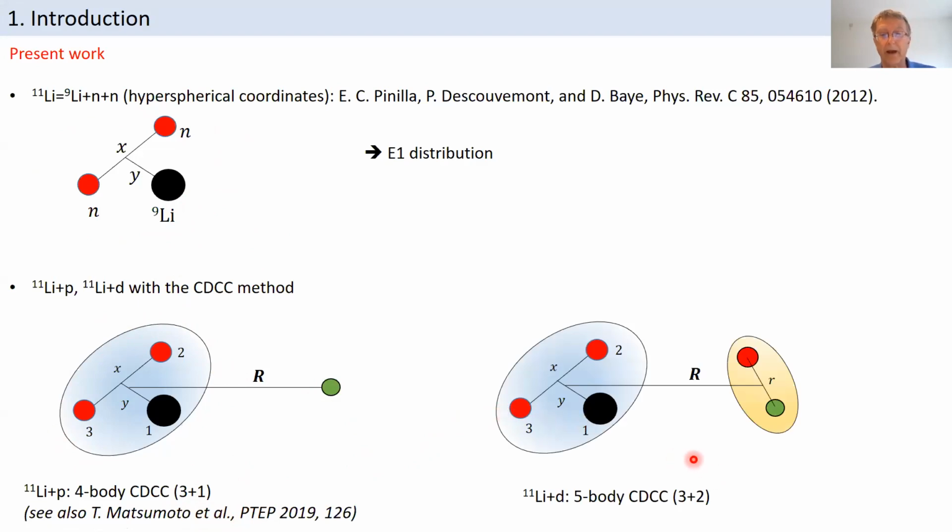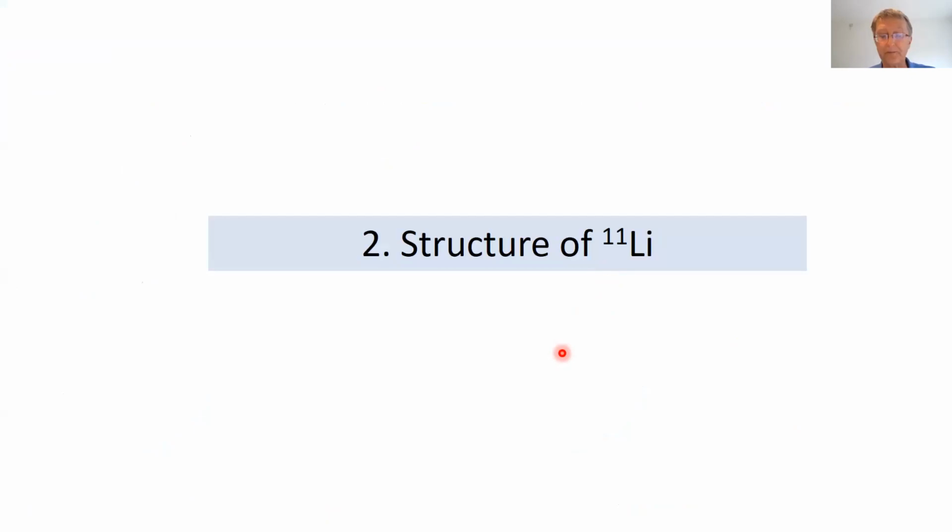And then I also apply the same lithium-11 wave functions to lithium-11 plus D. So here it's a 5-body CDCC problem, which, as I will show you later, includes many channels.